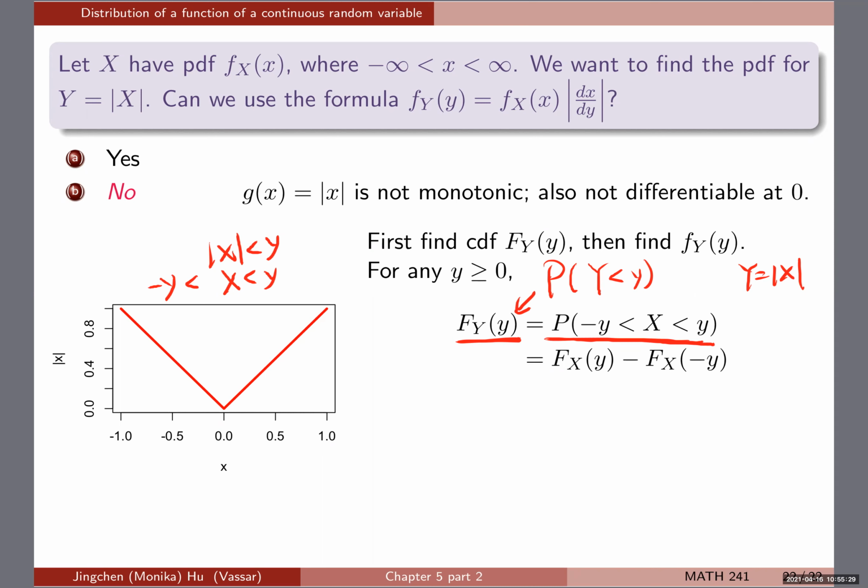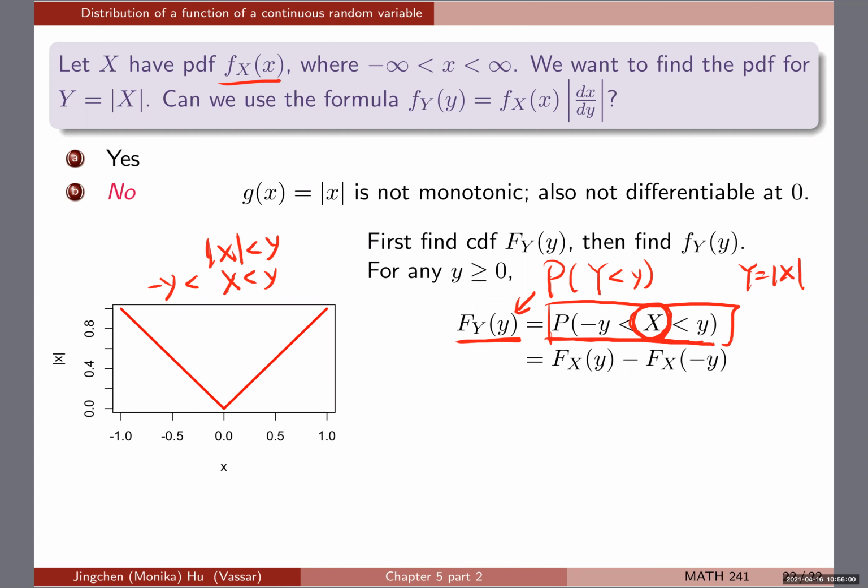Notice one very important thing that we have done: not only are we able to do the algebra and show this, but now the random variable becomes X. When the random variable becomes X, we can use everything about the PDF of X or the CDF of X. Here we're using the CDF of X because I'm trying to find the probability of X between negative y and positive y.